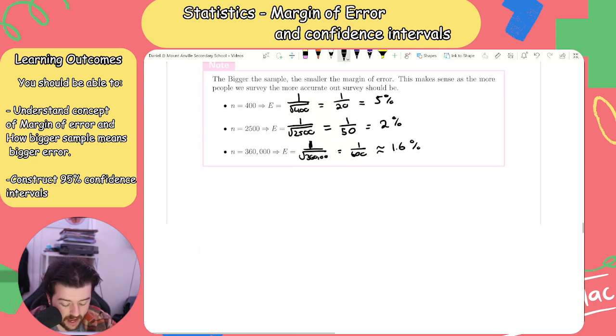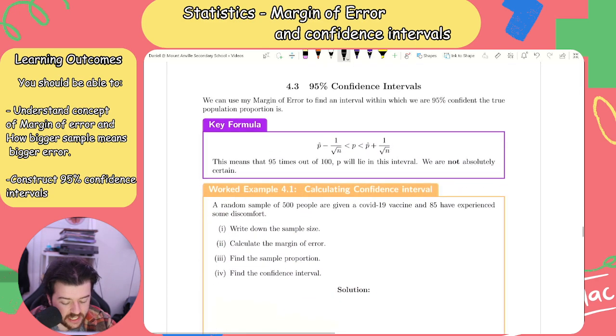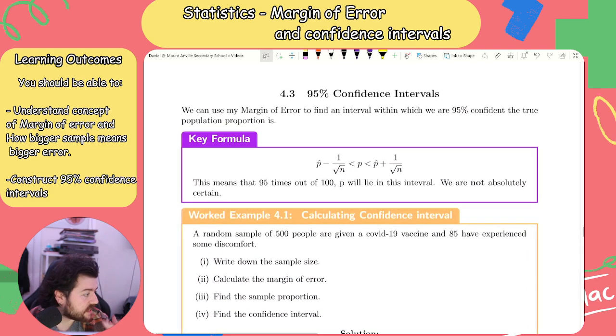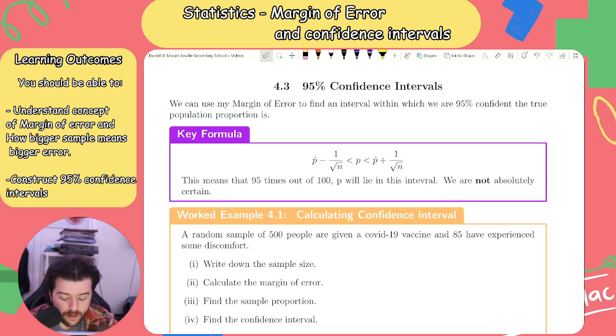So let's combine all of these together now with a 95% confidence interval. This is what we do primarily as statisticians. We love a confidence interval. We may use the margin of error to find an interval within which we are 95% confident that the true population proportion lies.